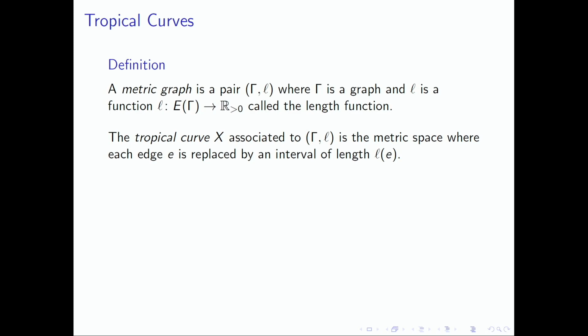But for the purposes of this talk, we have to distinguish between metric graphs and tropical curves, which are the metric space associated to the metric graph. So each edge is indeed replaced by the interval of length prescribed by the length function. And so sometimes I will refer to the metric graph as the model of the tropical curve.